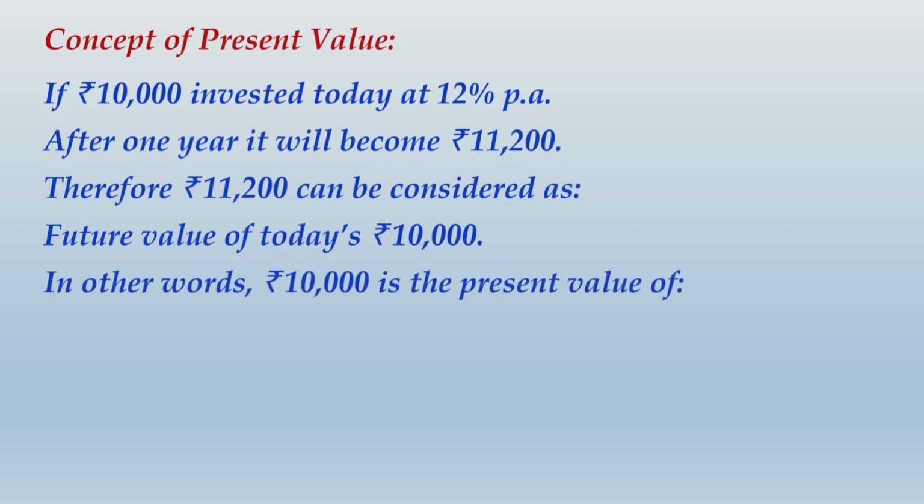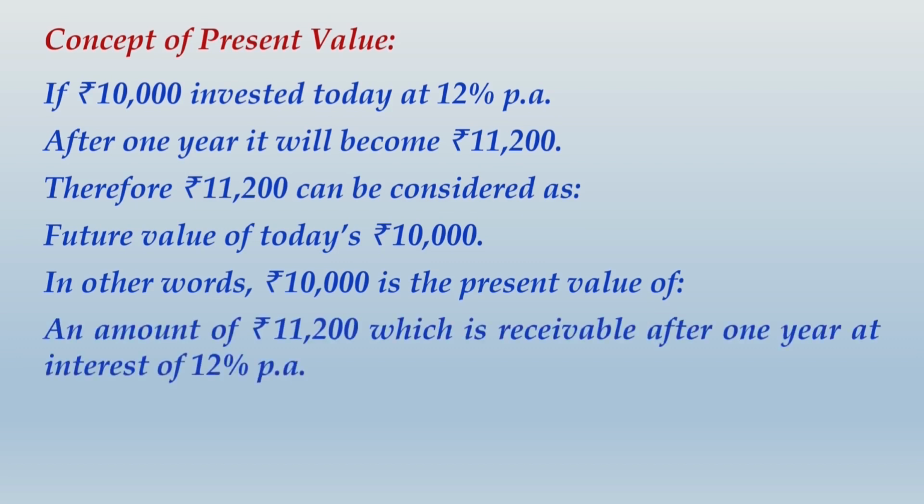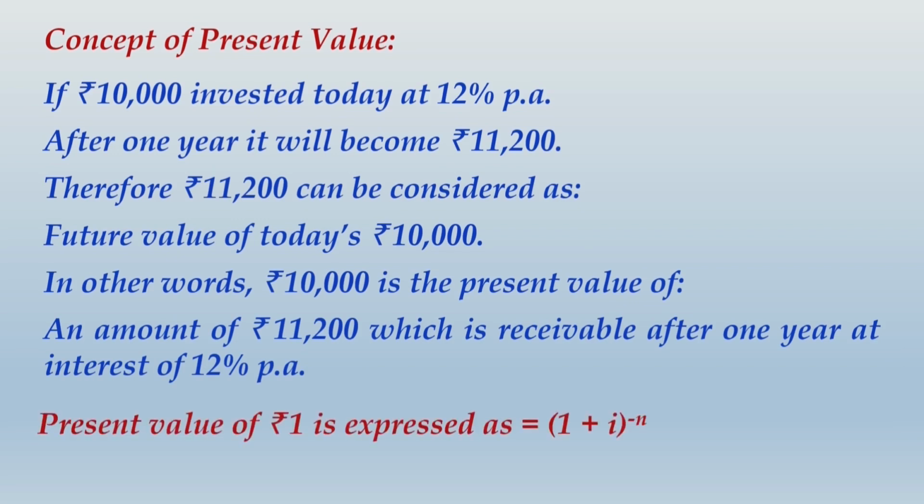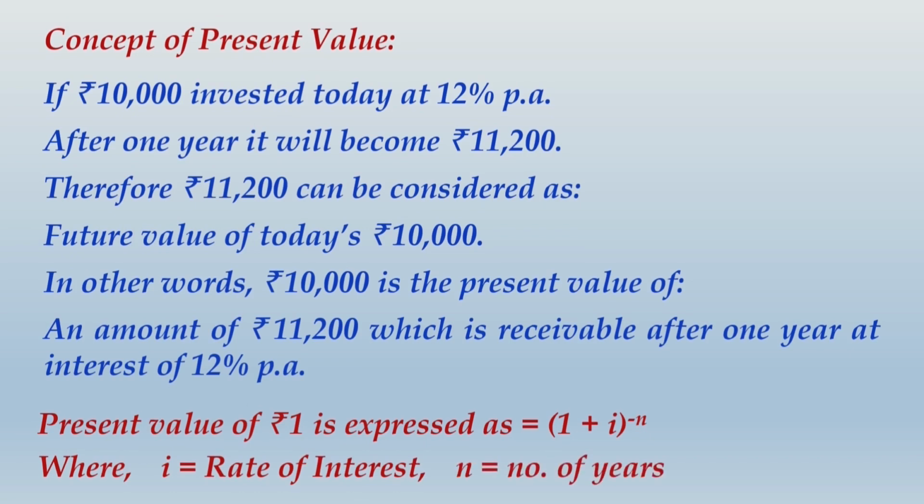In other words, rupees 10,000 is the present value of what amount? An amount of rupees 11,200 which is receivable after 1 year at interest of 12% per annum. And then an important line: present value of rupee 1 is expressed as (1 plus i) raised to minus n, where i indicates the rate of interest and n indicates the number of years.